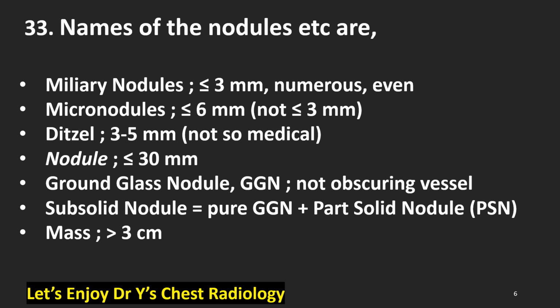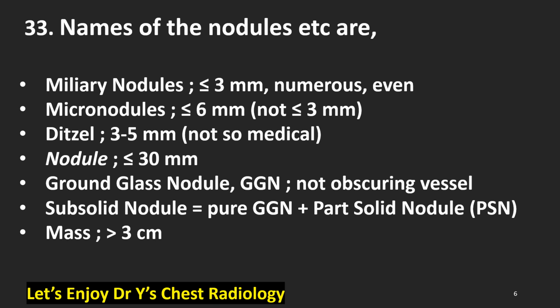First, miliary nodules: less than 3 mm, numerous, even in size. Micronodules: this is important because it has changed from less than 3 mm to less than 6 mm. And "ditzer", which is not a medical term, usually means a small 3 to 5 mm nodule.